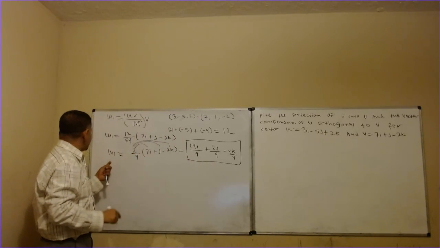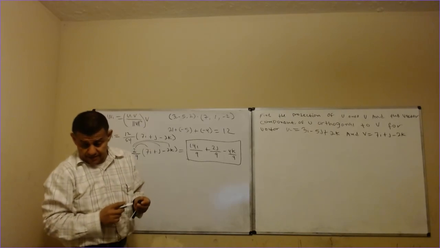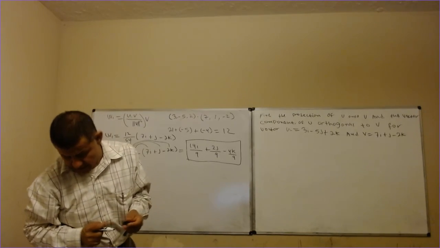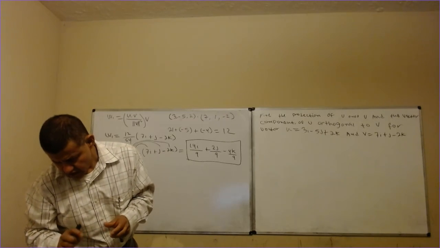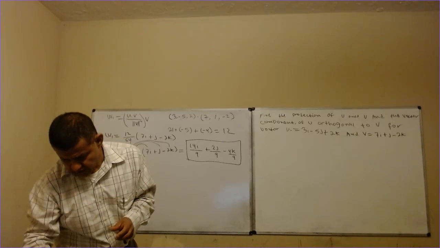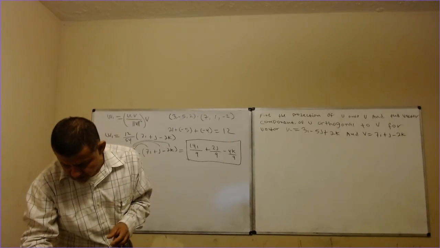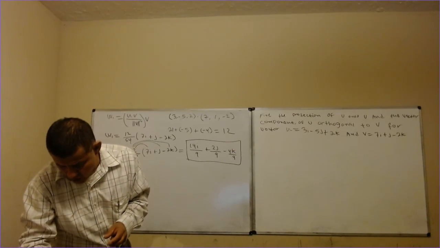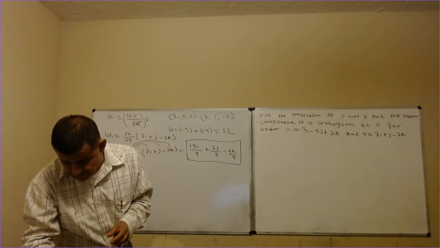That is the projection of U onto V, right? That's the projection. Now, it says the vector component of U orthogonal to V is the vector, right?